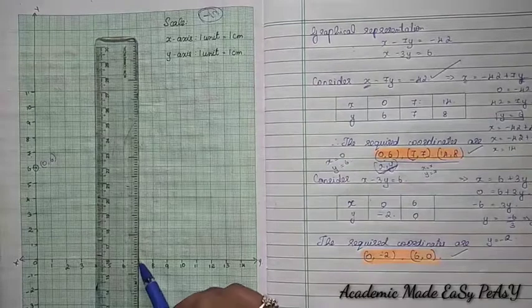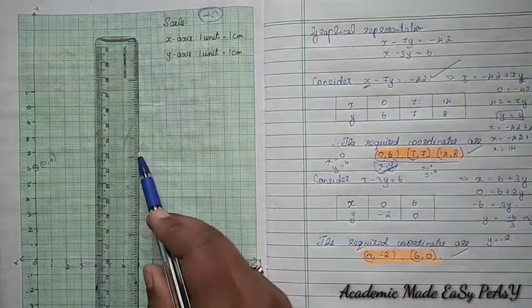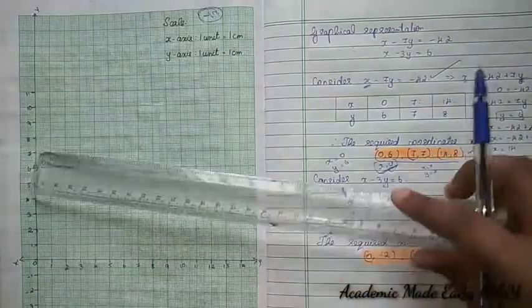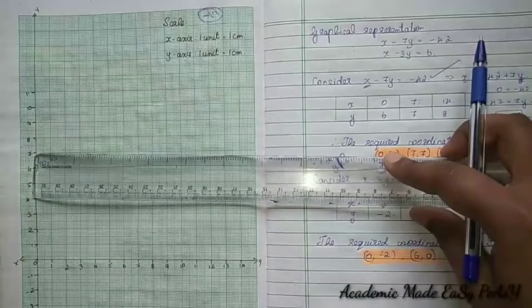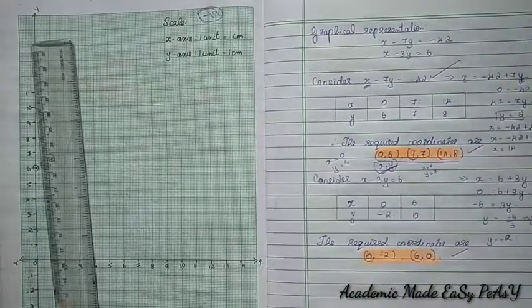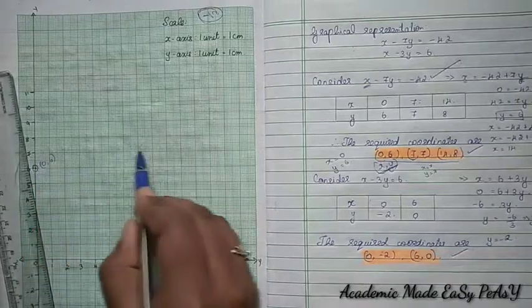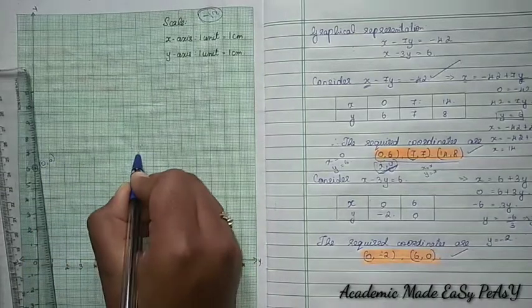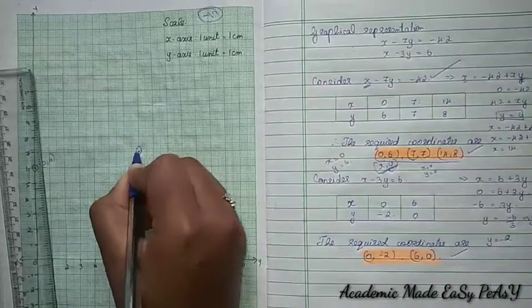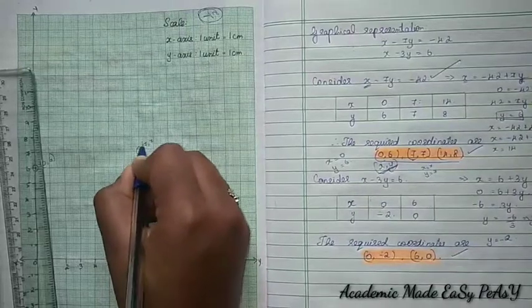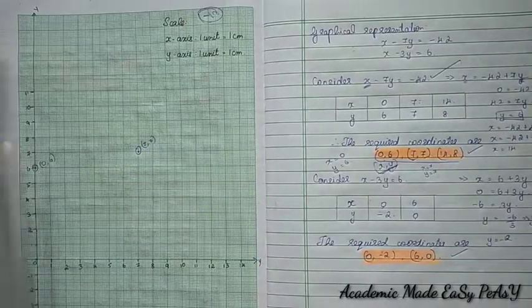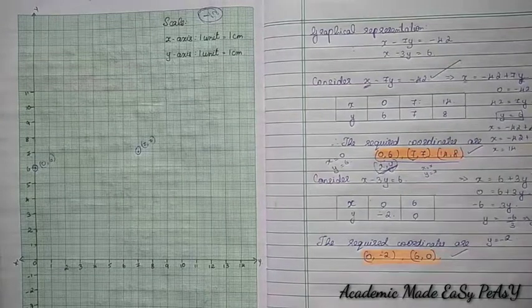So 7 on the x-axis is over here and on the y-axis it is over here, isn't it? Just hold it like this and I will be plotting. So 7 is over here and here. I will be marking this point. So (7, 7). You have to write these coordinates also then and there.